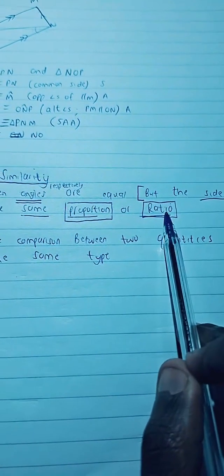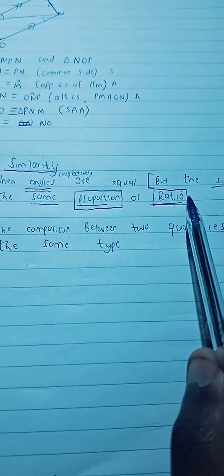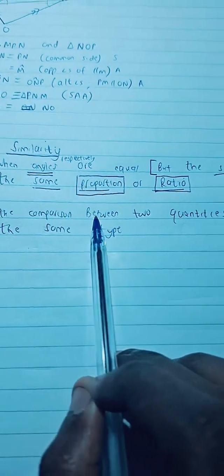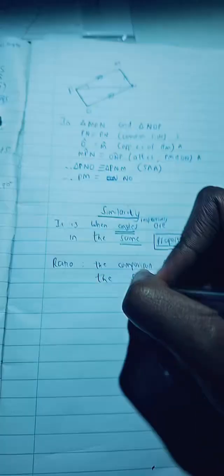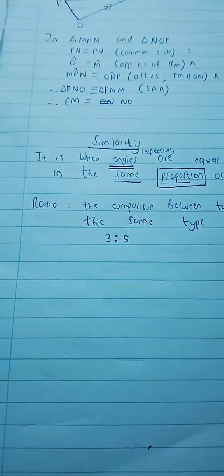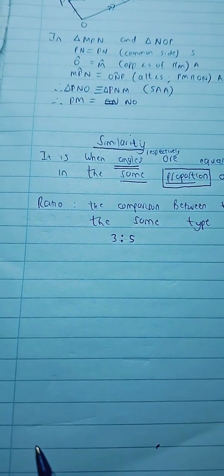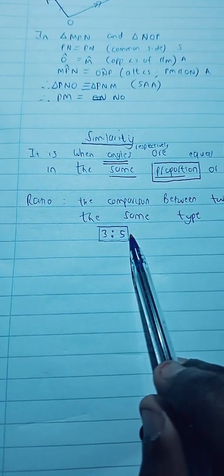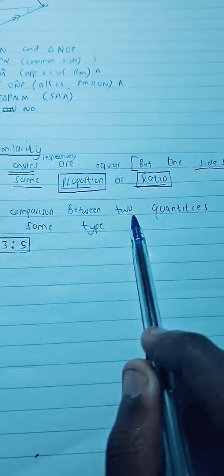Now, we need to understand what ratio is. So in the grade 8 and 9 context, term 1, we learned about ratio. And we said ratio is the comparison between two quantities of the same type. Example, 3:5. In order to write 3:5, please understand, these are two quantities, the comparison between two quantities.